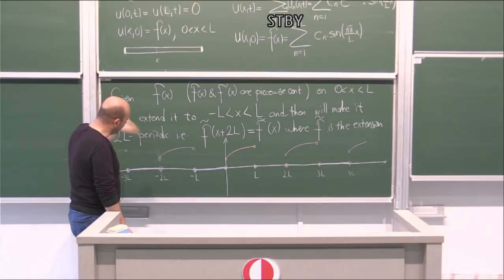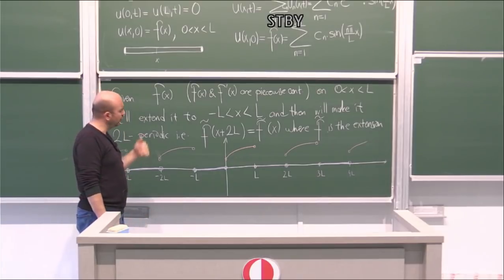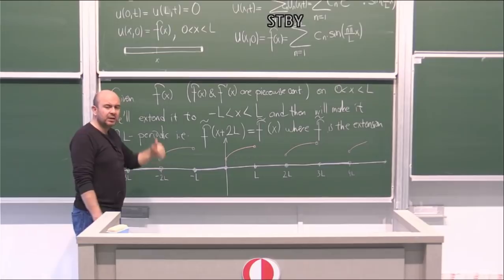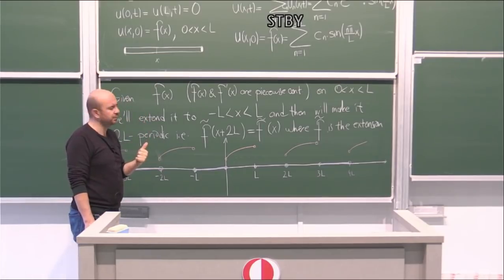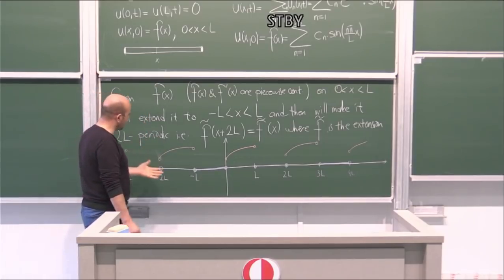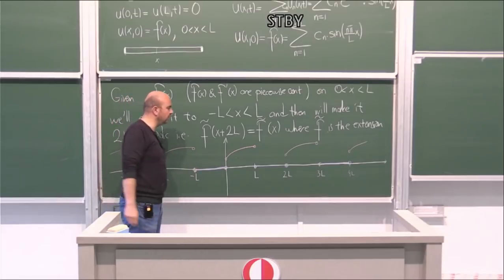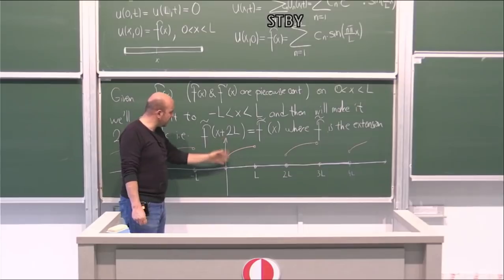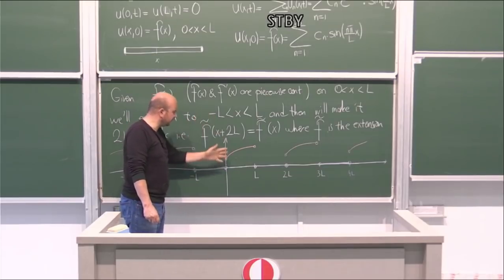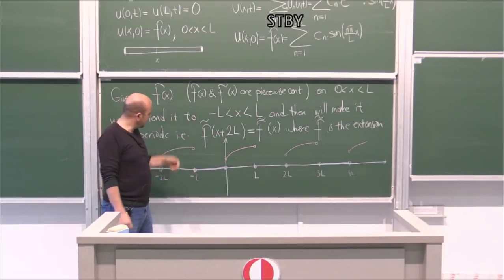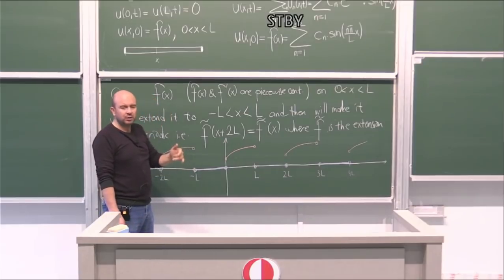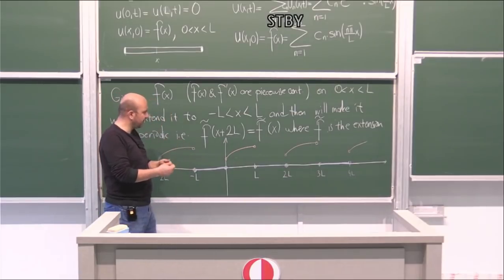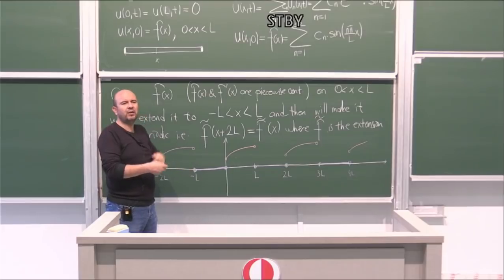But now when you compute the Fourier series for this function, you have to compute the ANs and the BNs. Why? Because according to my extension, this function is not an even function. It's neither even nor odd. Because of this, we will have AN terms and BN terms.